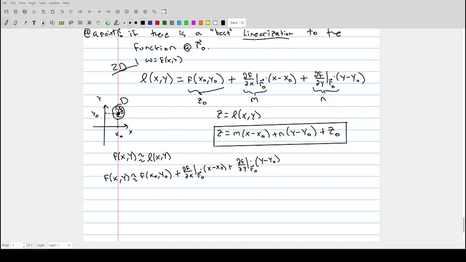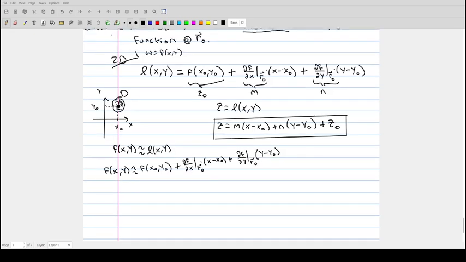This is what differentiability is telling us. If a function is differentiable, then when you get very close to a point, the value of the function is approximately equal to the value of the linearization at that point. And this idea holds for functions of any number of variables. So we'll see how to use this in examples a little bit later on.